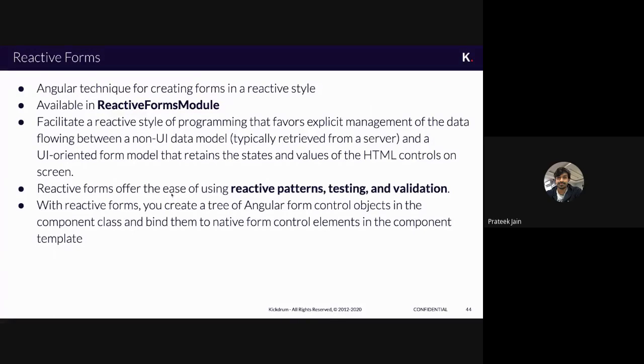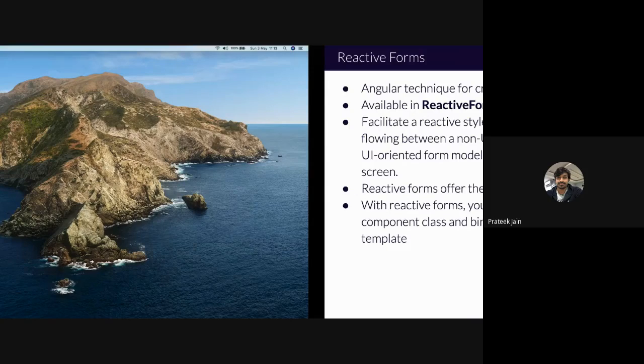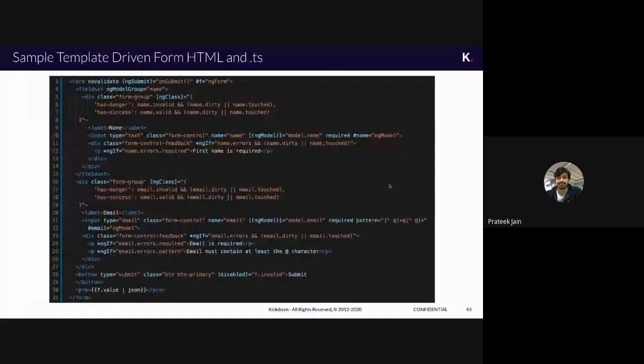Reactive forms offer ease of use, reactive pattern testing and validations. We have not gone to the part where we are testing our functionality, but in a major way, when you are dealing with reactive forms, it's very easy to test what the forms are going to do. In template driven forms you cannot do that because you don't have a functional part, it's only an HTML part, and you don't get the HTML content in your testing part.